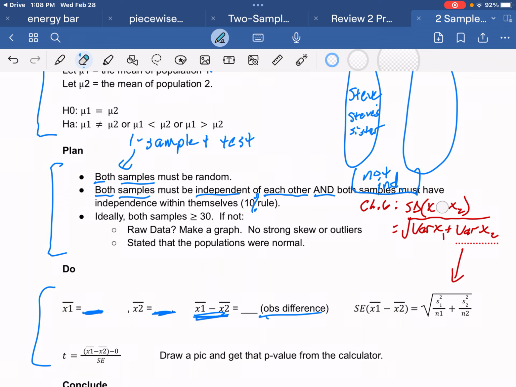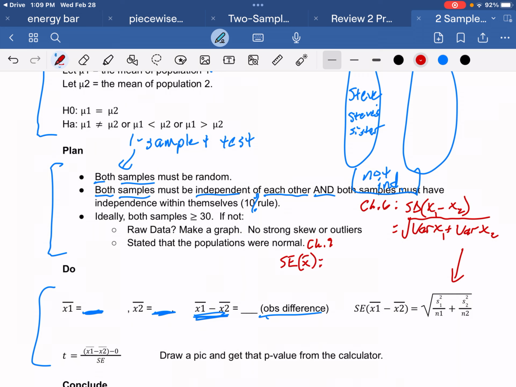And even if that was a minus sign instead of a plus sign, the formula was still the same. So the standard deviation of x1 minus x2 was equal to the square root of the variance of x1 plus the variance of x2.